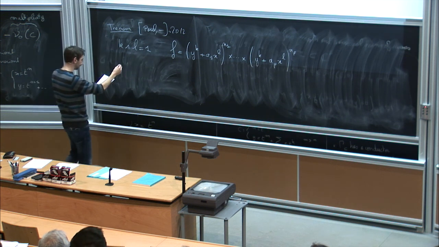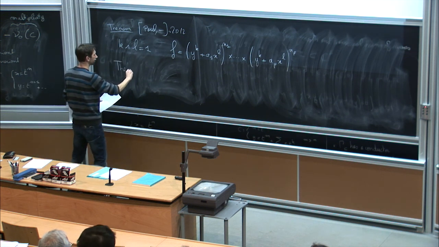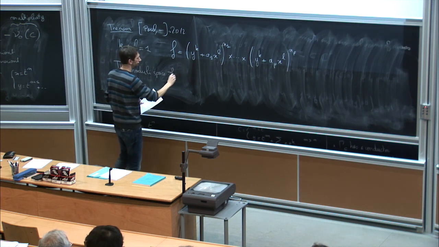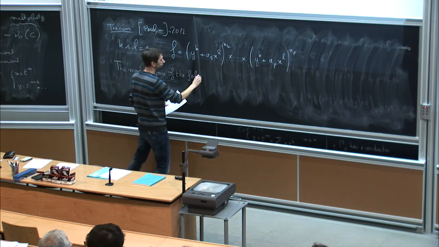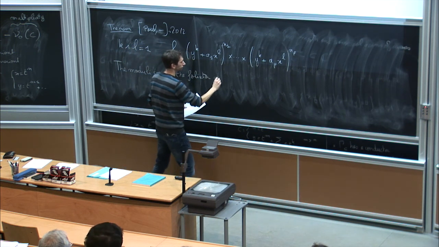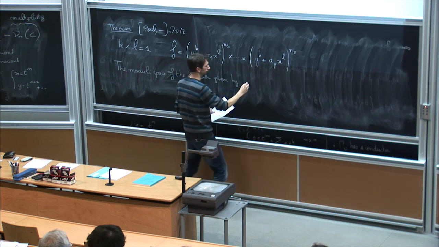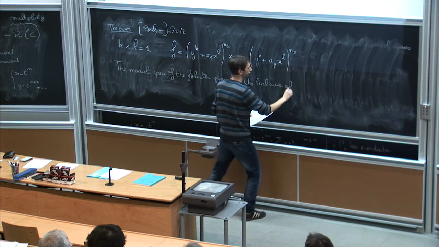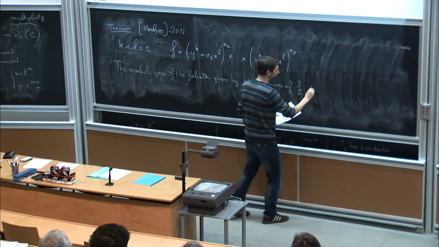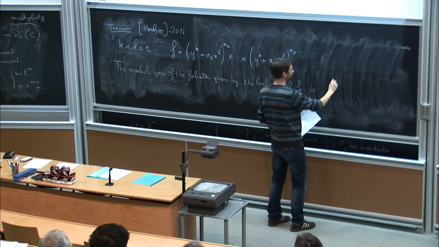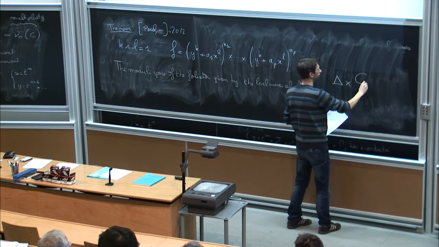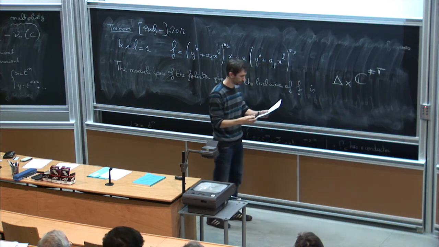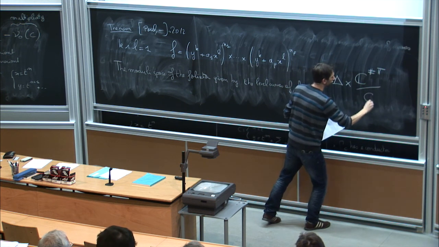And so the theorem is the following. The moduli space of the foliation given by the level curves of f is the following product. So this is delta times C to the cardinal of some set that I'm going to introduce, up to some action of C star.